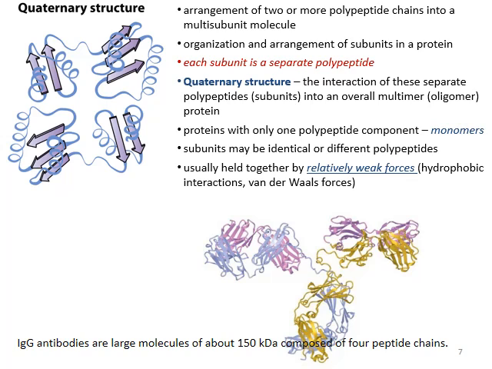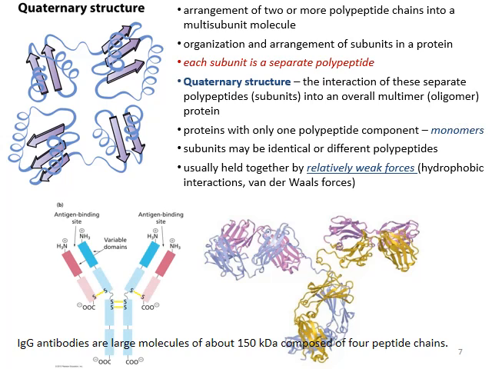And as you can see here, we have an example of a quaternary structure: the variable domains of the IgG molecule. We can see we have the antigen binding sites, the Fc region. We have some disulfide bonds holding this together and forming a quaternary structure.